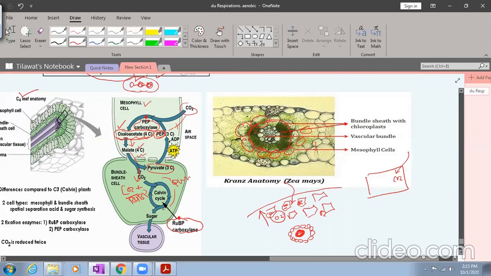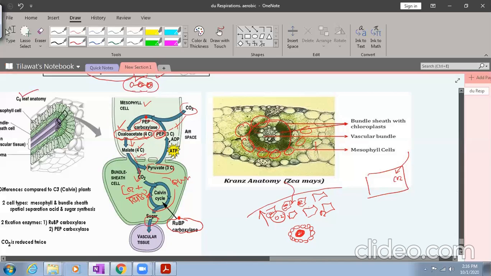And again the normal dark reaction will take place here, as it was happening in the C3 plant. It will form sugar, and that sugar will go to the vascular bundle. Definitely it has to be transported through the phloem, right?